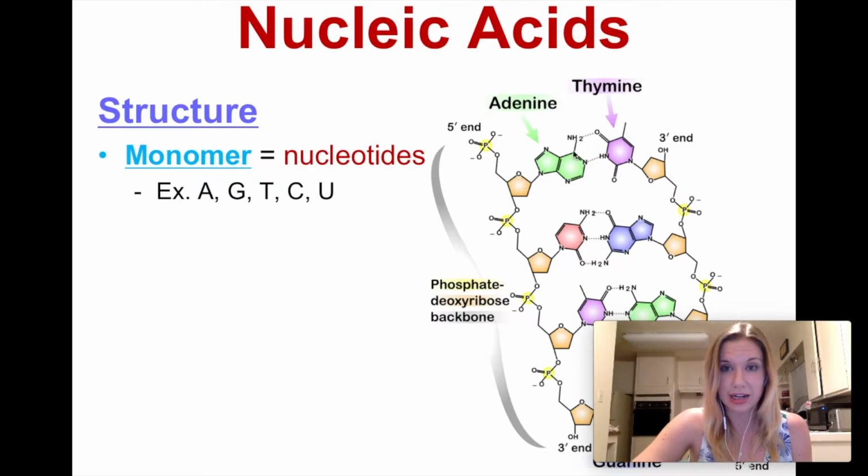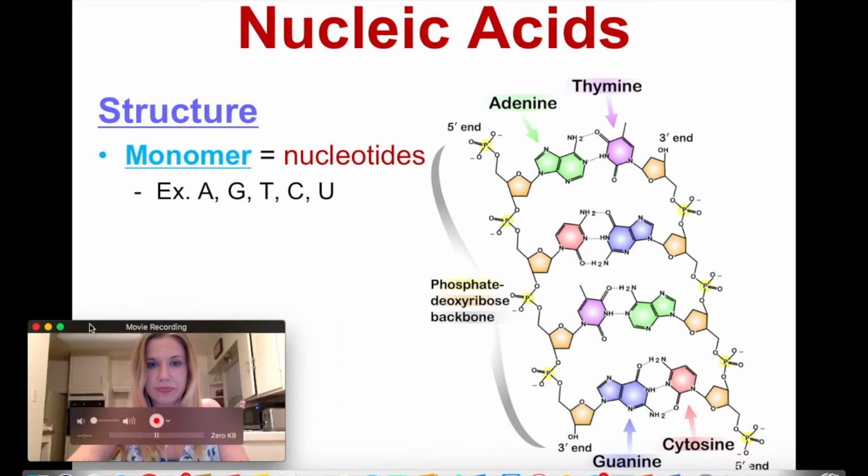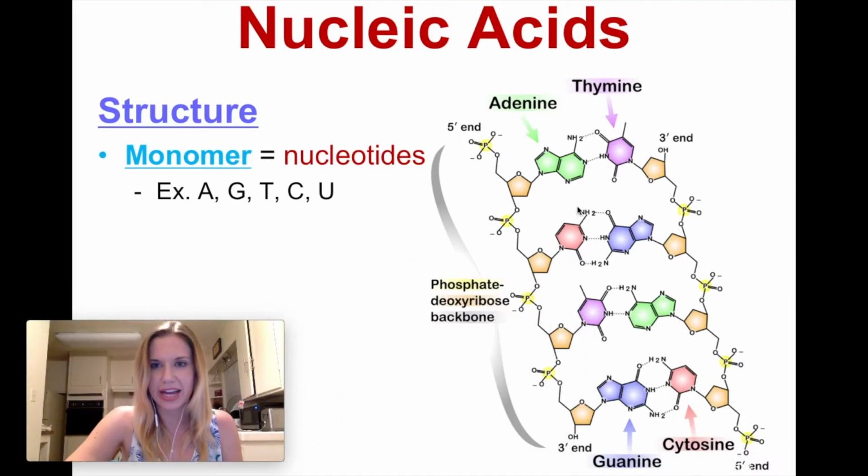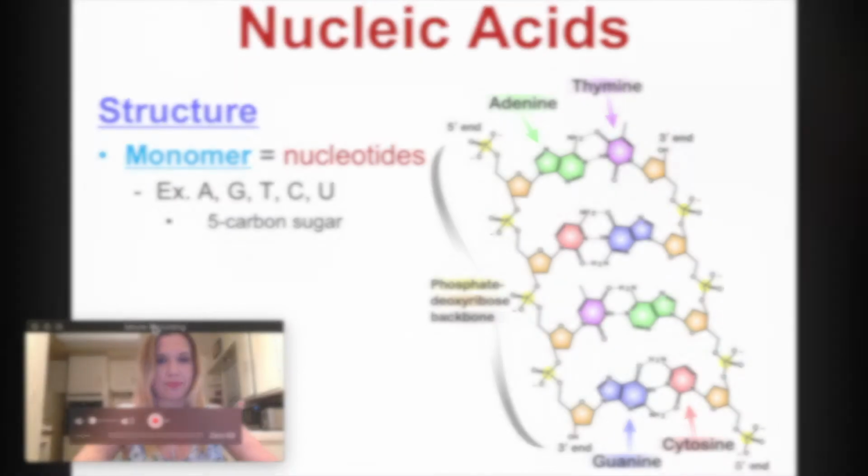Here's adenine, here's thymine, and here's another thymine. Cytosine is red, and the blue is guanine. These link together, and they form our genes. They form our DNA.